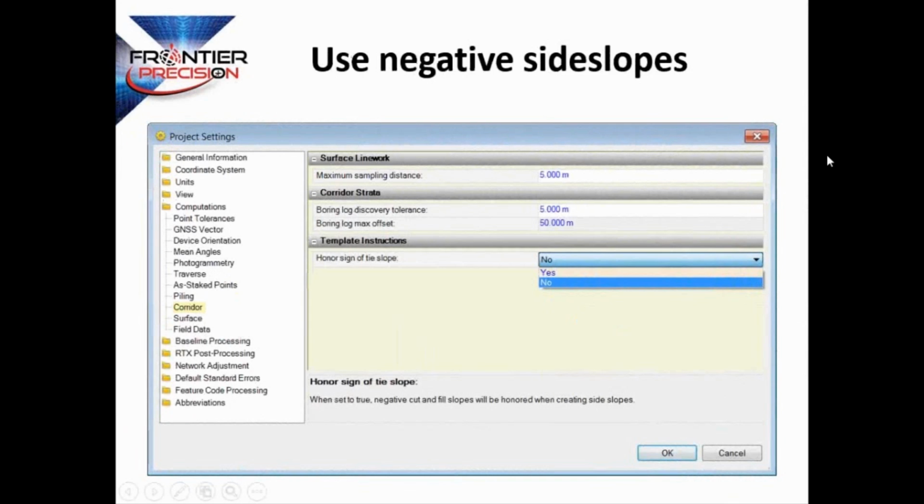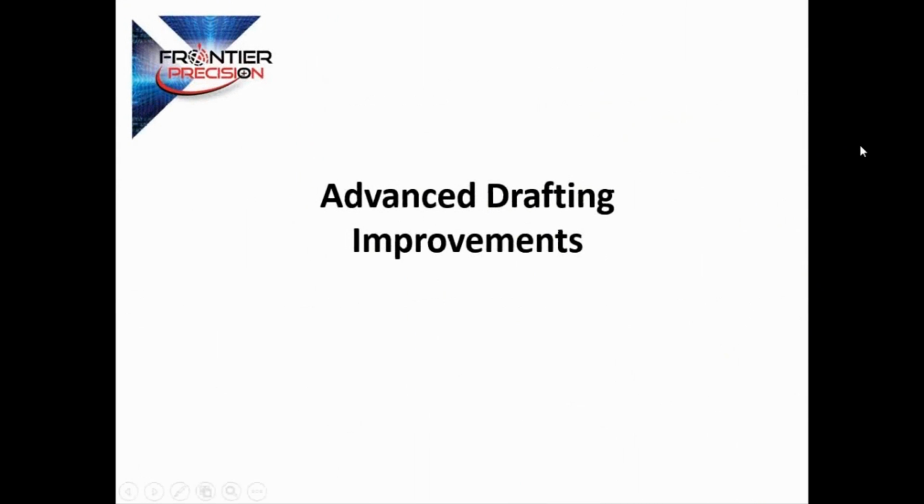We can now use negative side slopes inside of TBC. So now we've got the new advanced drafting module that you can add to TBC if you're looking at using TBC for more functionality.